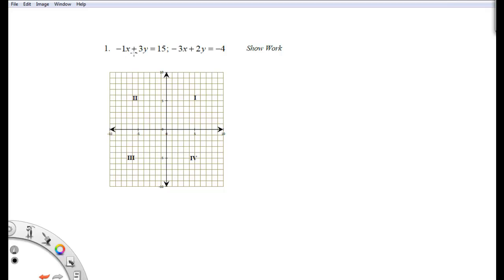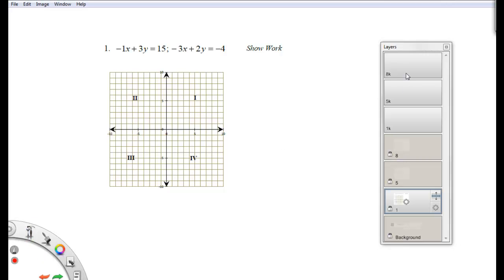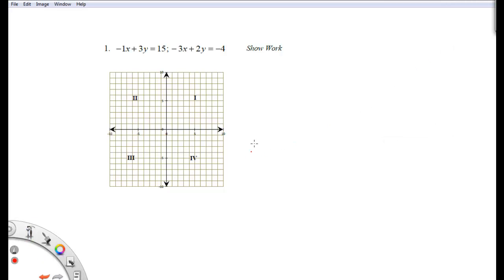So I've got negative 1x plus 3y equals 15. We're going to rewrite this in slope-intercept form. I'm going to go ahead and use red. We're going to add 1x to each side.